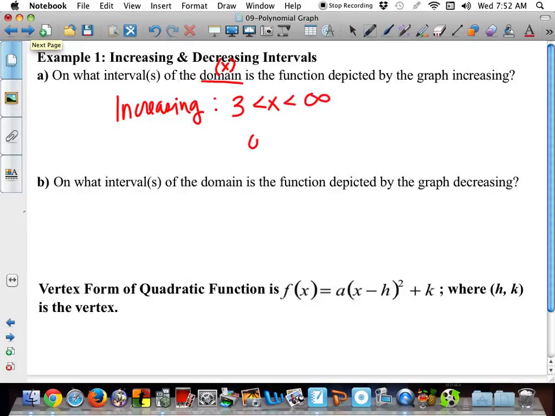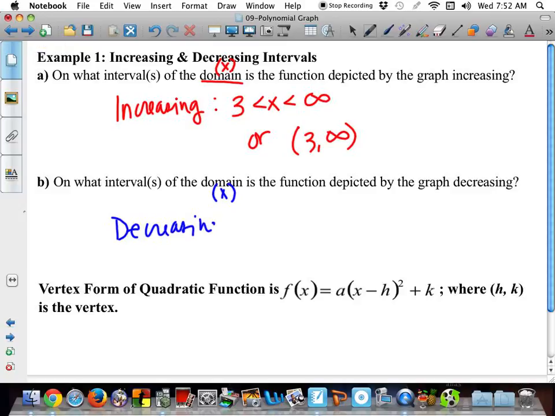The other way that you can write it, it's been a while since we've seen this notation, but this is the other notation that you may be seeing. The next one is, on what part of the domain are all your x's decreasing? So now we're going to talk about decreasing.